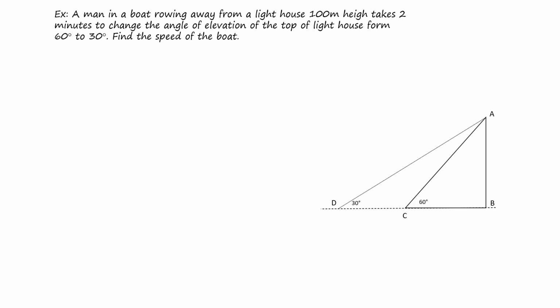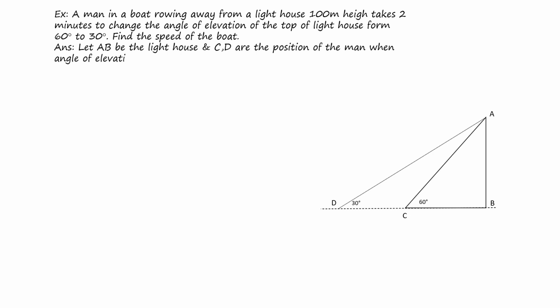A man in a boat rowing away from the lighthouse, 100 meter high, takes 2 minutes to change the angle of elevation of the top of the lighthouse from 60 degree to 30 degree. Find the speed of the boat. If we consider the picture, let AB be the lighthouse, and C, D be the positions of the man when the angle of elevation changes from 60 degree to 30 degree.